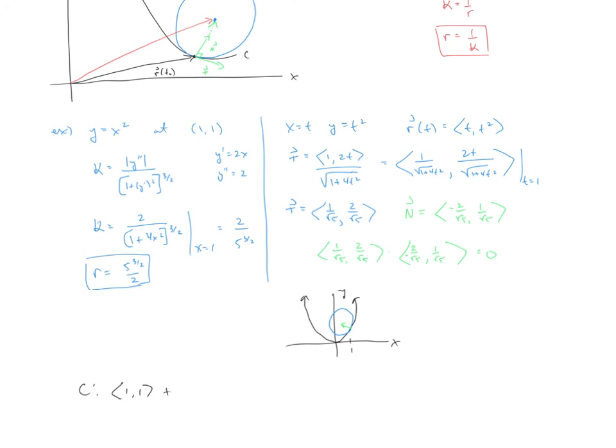And I need to add to it the scalar multiple of the unit normal. So the unit normal that we found was negative 2 over root 5 and 1 over root 5. The scalar that we need to put out here that's going to lengthen this unit vector is actually going to be the radius itself, right? From here to here is going to be the radius.